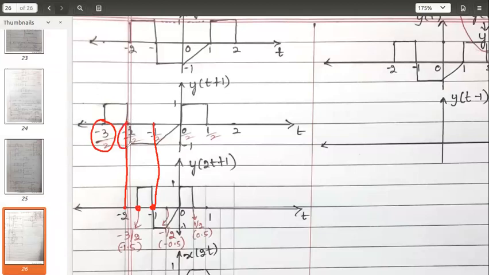Then take this, what is 2 by 2? 2 by 2 is 1, that is -1. So the next point is this. This complete pulse will now be between these two. Shrunk, half of that. If you check the width of this, it is 1. If you check the width of this, check what it is? It has been reduced to half.